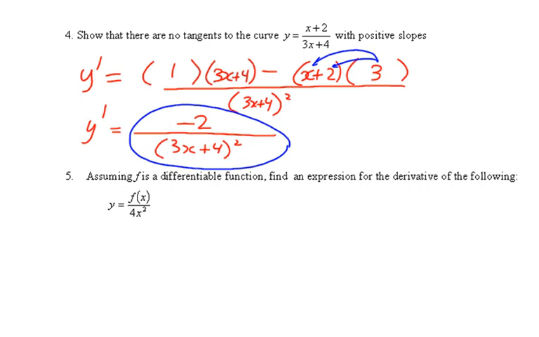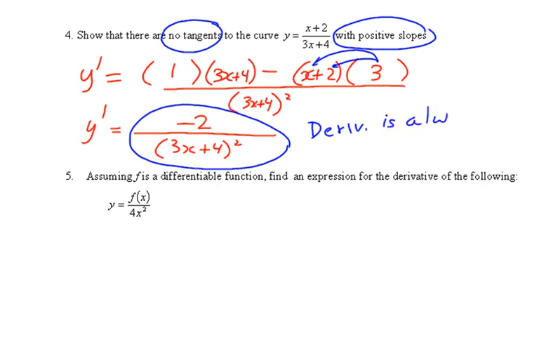So because the derivative is always positive, always negative, sorry, therefore, no positive tangent slopes. So there you go. That one's pretty easy.